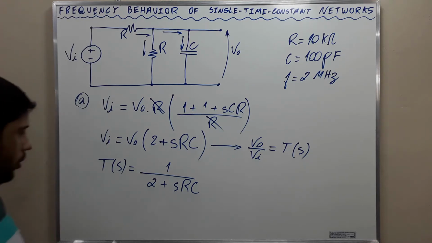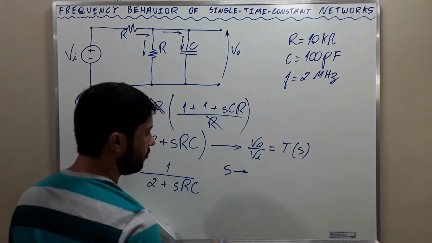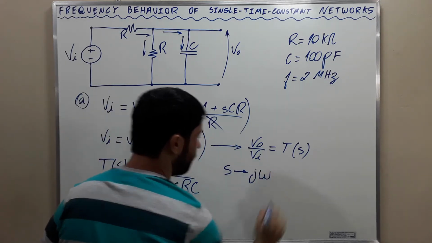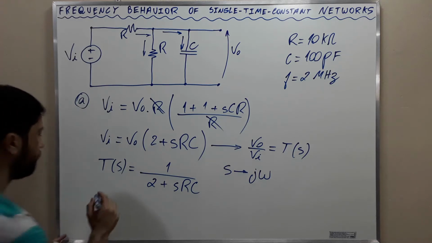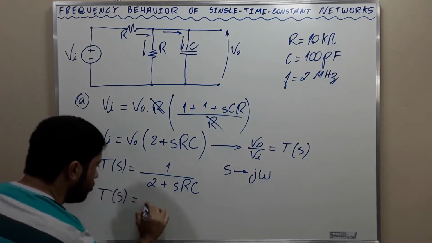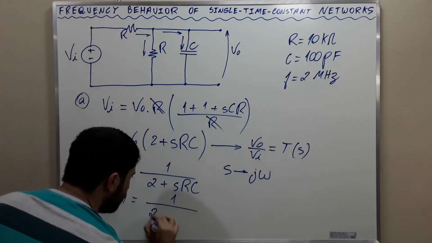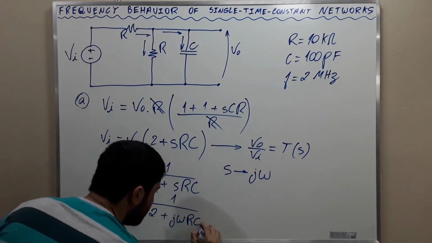But for real frequencies, we are going to do this. S will be equal to JW for physical frequencies. Then the expression of transmission is going to be T of S equal to 1 over (2 plus JWRC).